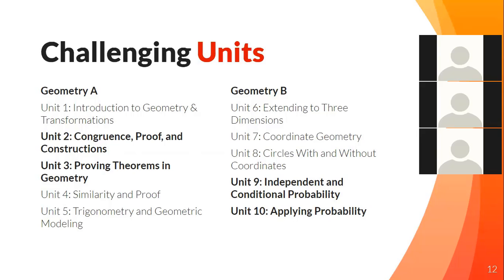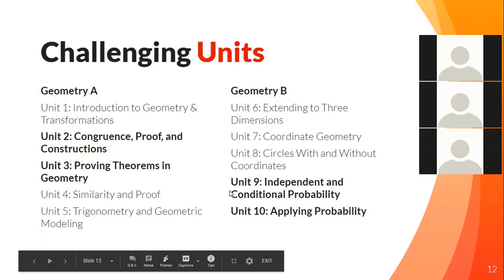So just giving you guys a heads up, these are very heavy on proofs, units 2 and 3 in Geometry A. And then in Geometry B, we have a little bit of probability and statistics stuff. Again, this can also sometimes trip up students. They don't see the connections between math and probability. So just again, giving you a heads up that these units 9 and 10 might be challenging for your students.